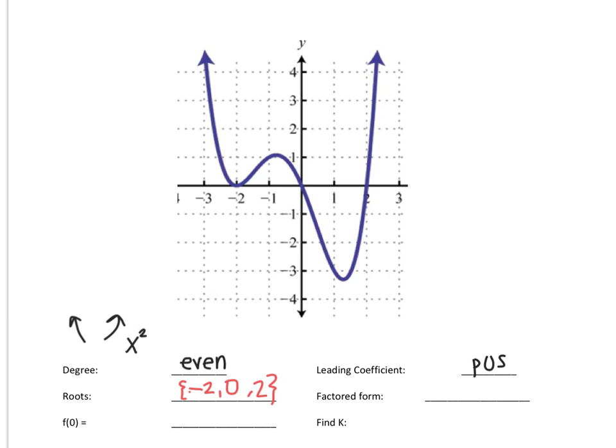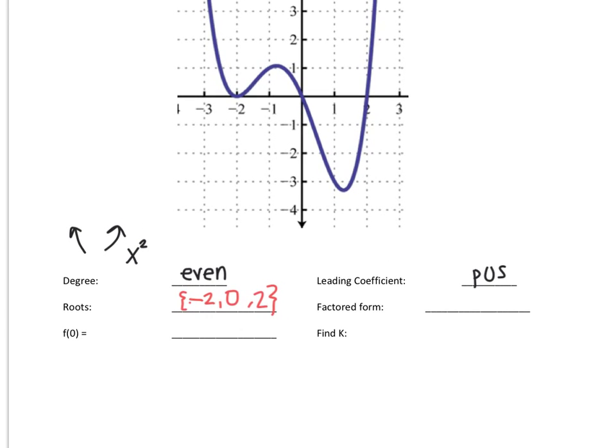So if I wanted to write this in a factored form, we're going to start with f of x equals some k value, which we don't know, times. Now, I know I have a root at 0, so it's always nice to put that factored form out here as just x.